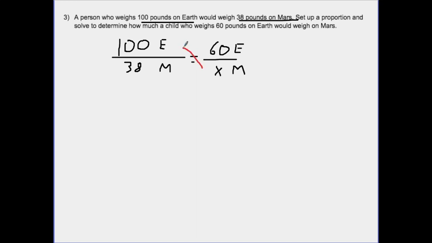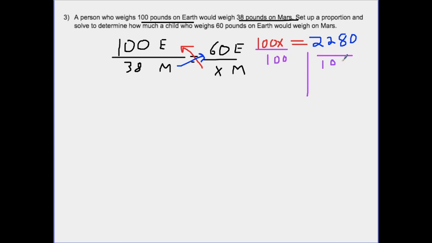All right. Let's do our cross products. I get 100x equals, what's our other cross product? 38 times 60. I get 2,280. And we're going to go ahead and solve that then. Divide by 100.